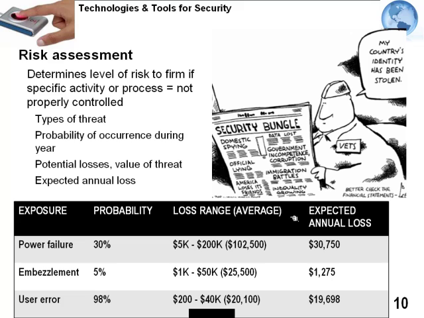Well, we've listed 3 of these in order of importance. Power failure. What could that cost? Embezzlement. User error. User error is the most likely. Power failure is the next, and embezzlement is the third.